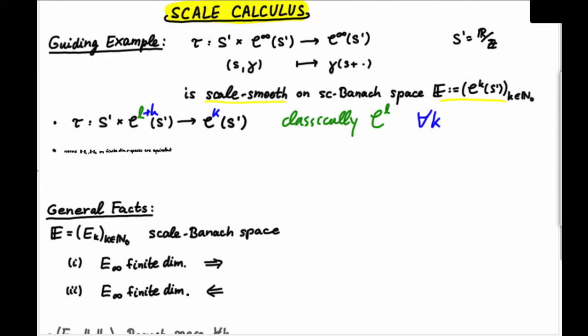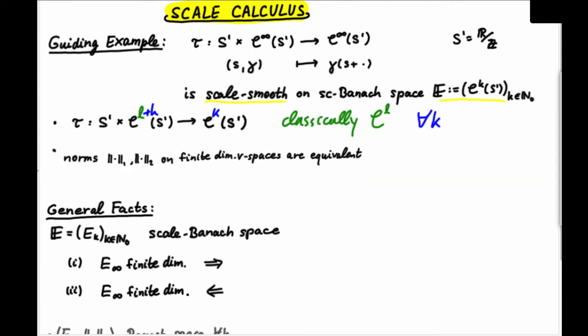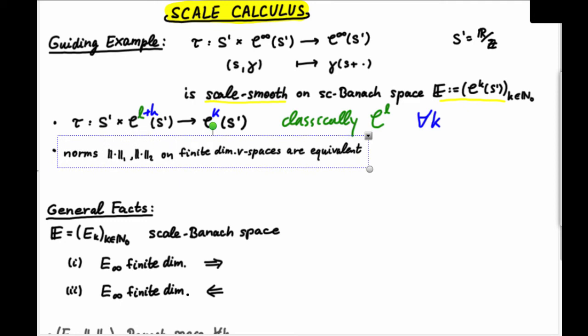Now I would like to restrict myself to maybe a finite dimensional subdomain of the smooth functions here, and then use the fact that it's secretly C^L for all L. One of my favorite facts is that when you go to a finite dimensional subdomain, your norms will all be equivalent.